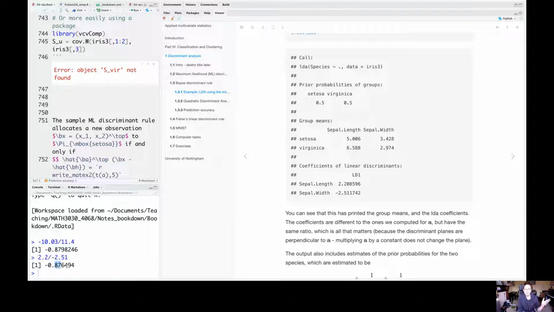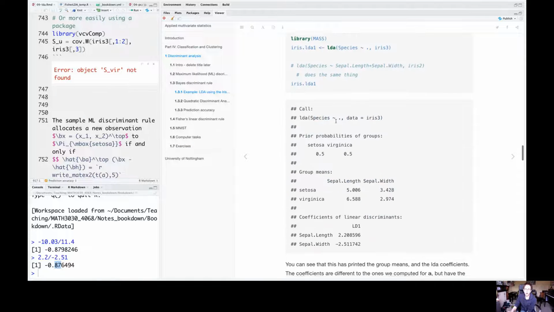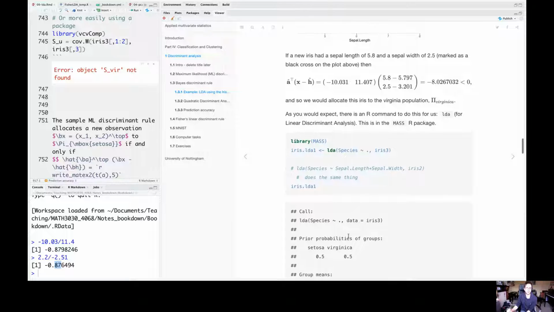They're exactly the same if you put more decimal places in. So in other words, this vector we found, A, R has given us another vector that's in exactly the same direction. They've got a different length for that vector because they do the calculation differently, more efficiently, but it's that vector in the same direction that matters for us.